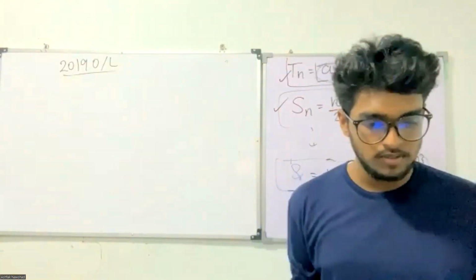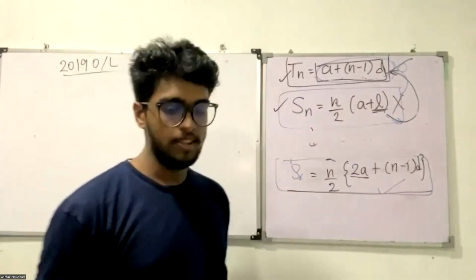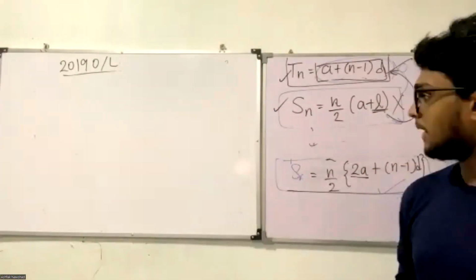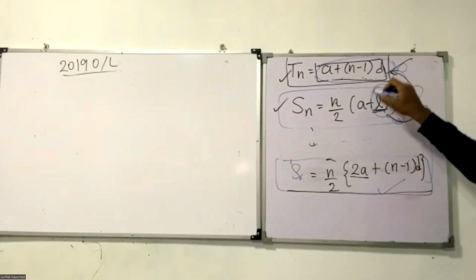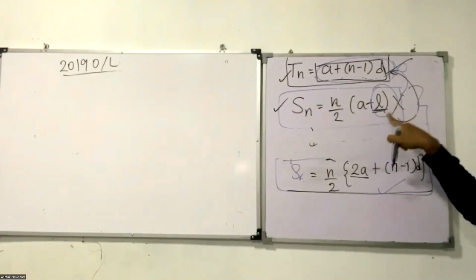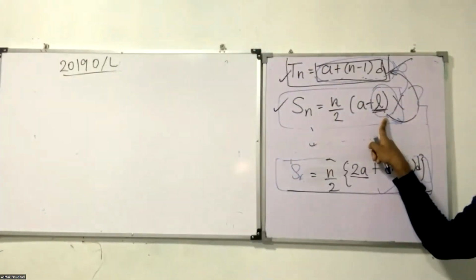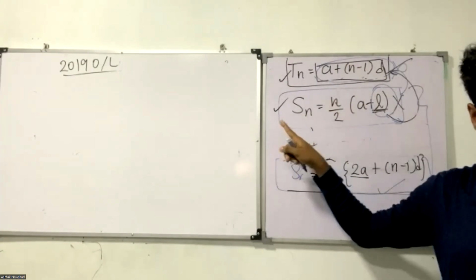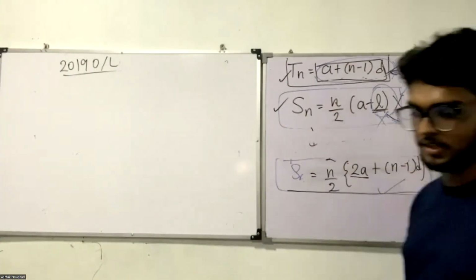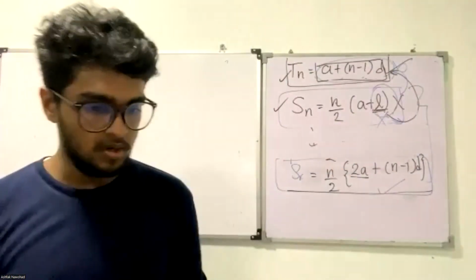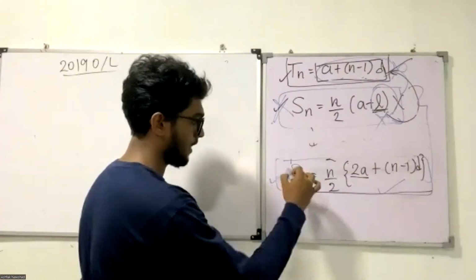They are asking for a sum. Out of these two, why can't we use this formula? Because we don't know when she stops jogging, the last week. Yes, exactly. The last term is not given. That's the answer I was expecting. The last term is not given, so we can't use this formula. Is that clear for everyone? We'll have to use this.